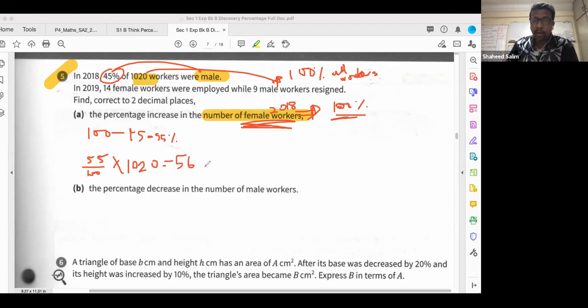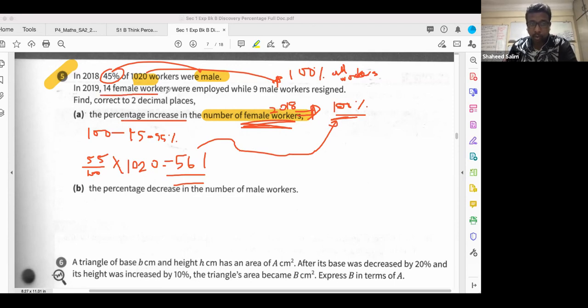This is the number of women workers in 2018, the 100%. So what do you want to find? You want to find the percentage increase. Did they increase? Yes, 14 more women were employed. This is the increase in numbers, 14.